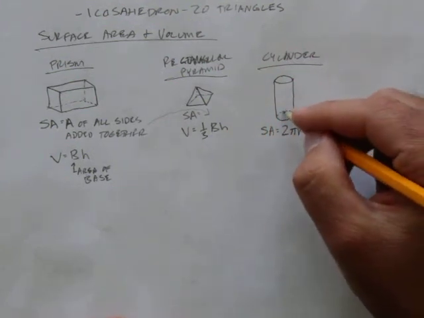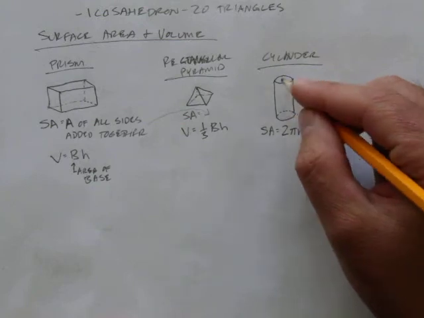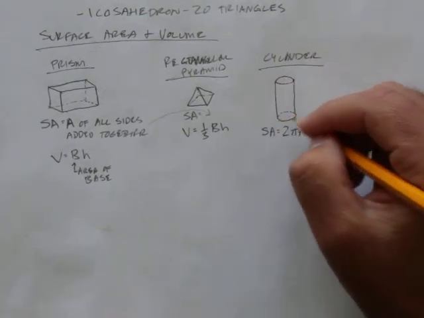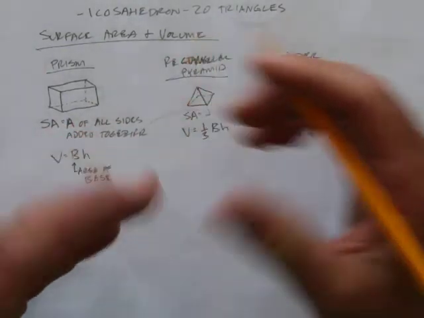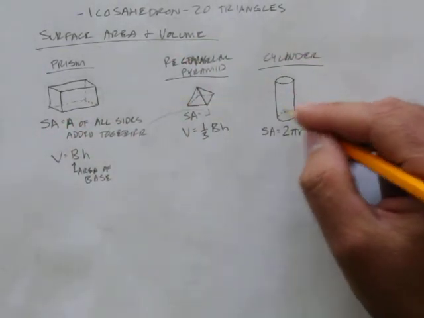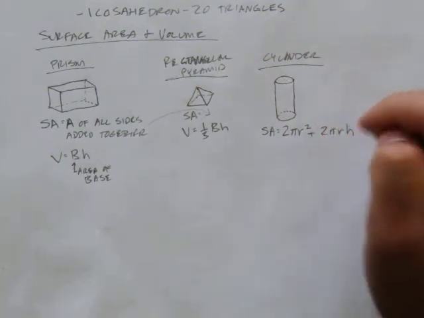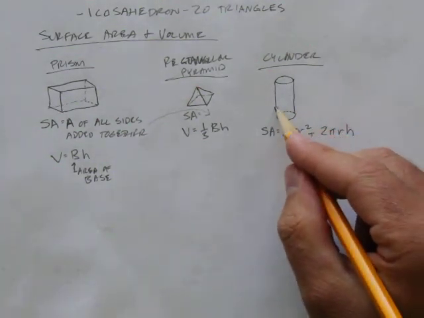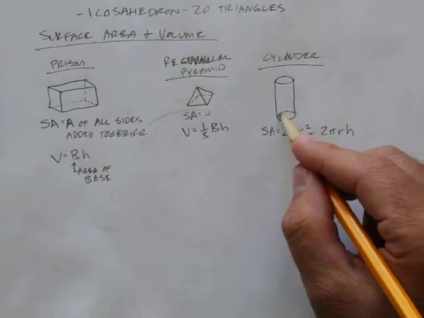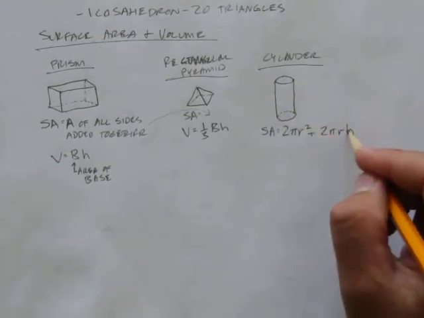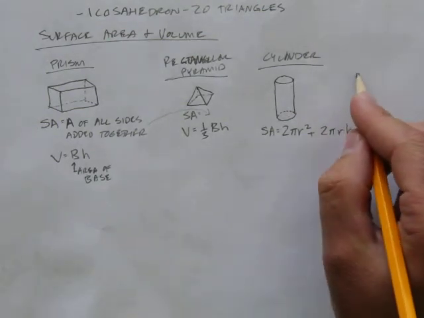That's the area of each of the bases. And then you add the rectangle that would be joining those together around the outside, which would be 2 pi r times height. So that's the circumference of one of these circles times the height. That will give me the rectangle there.